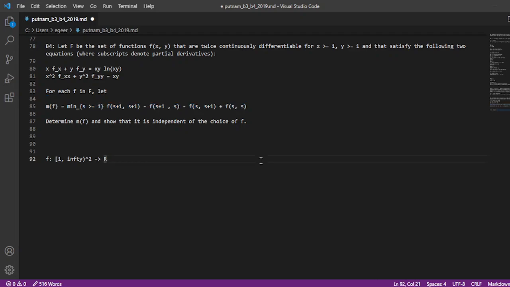So just looking at this setup, it reminds me very strongly of harmonic functions. So it feels like we ought to be able to do something using those. I admit that this is not my area of expertise, so I might not be able to solve it very efficiently. But let's think about it regardless.